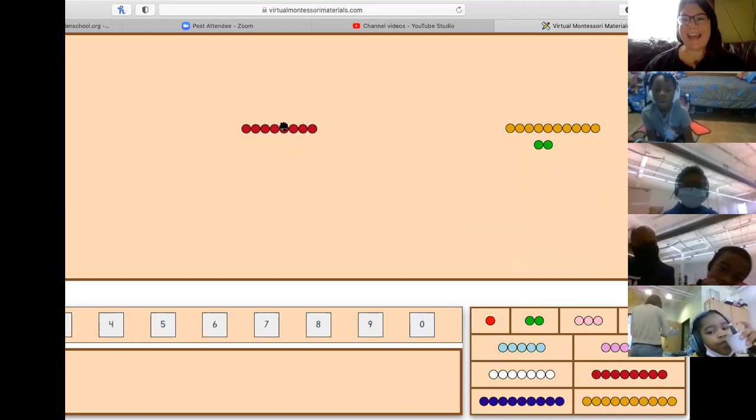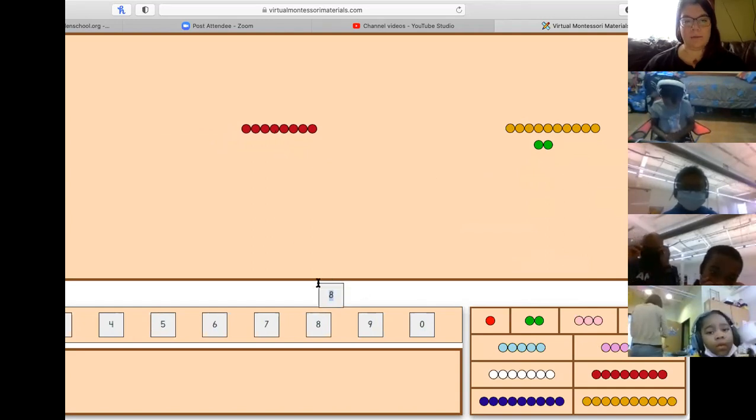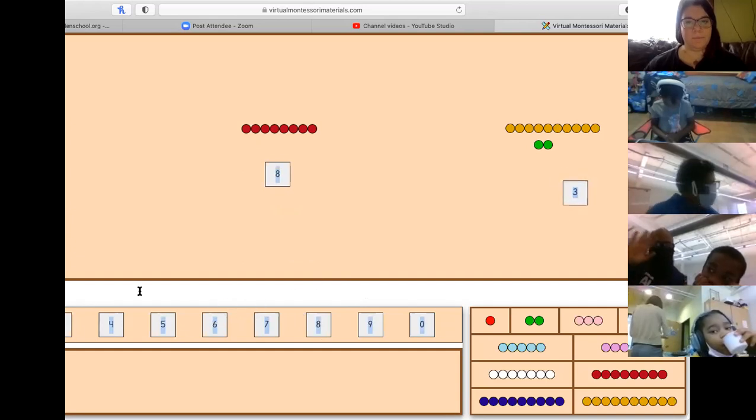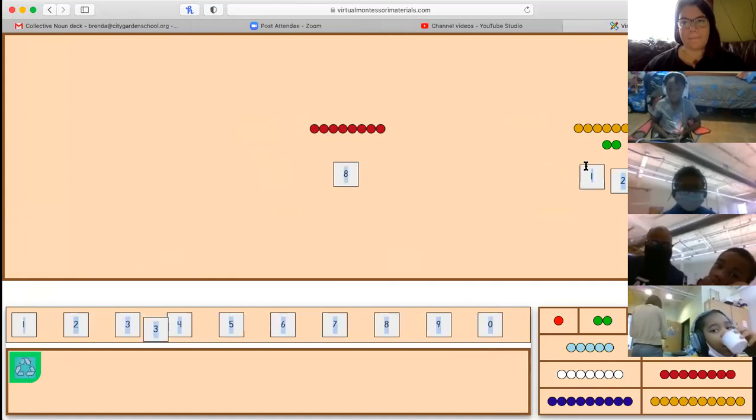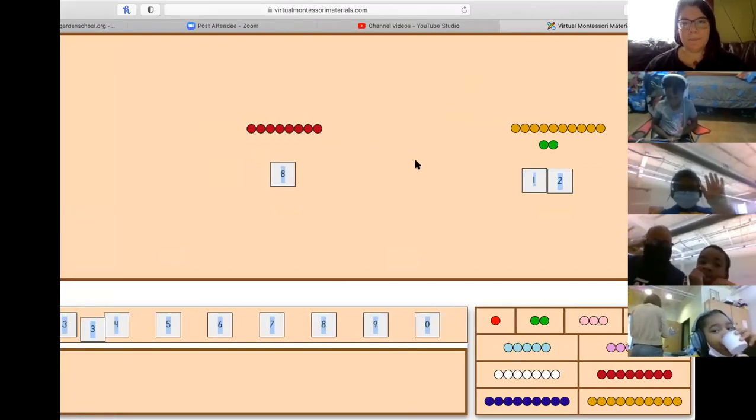And we have to find the missing number that's going to add up to 12. Okay? So we have 8 here. And then this is 12. We have 1 ten and 2 ones.